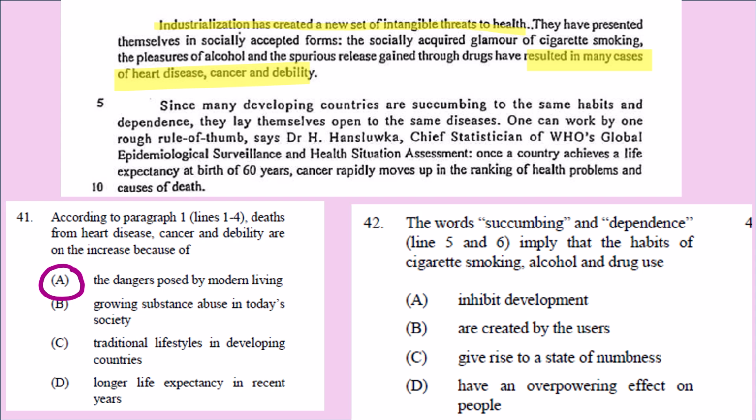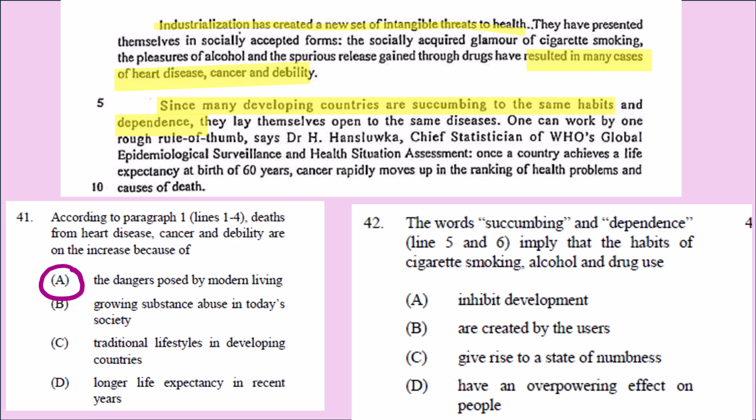Question 42. The words succumbing and dependence in lines 5 and 6 imply that the habits of cigarette smoking, alcohol, and drug use are A. They inhibit development, B. Are created by the users, C. Give rise to a state of numbness, or D. Have an overpowering effect on people.